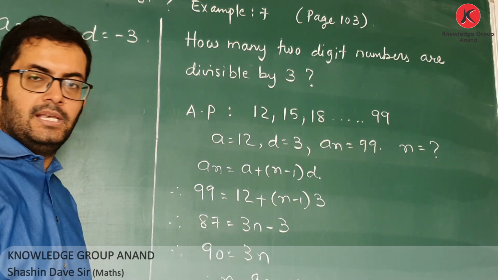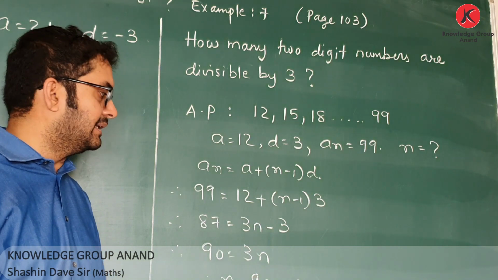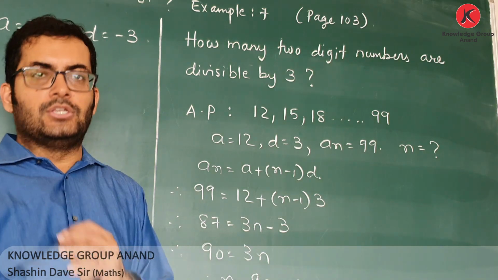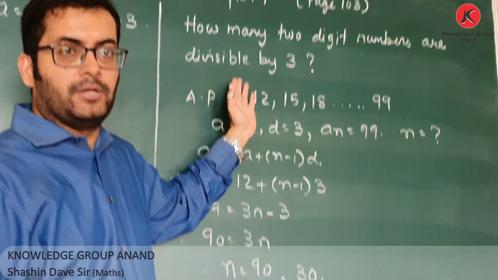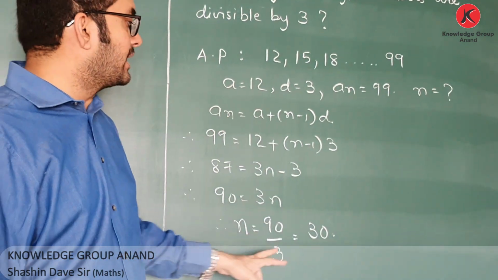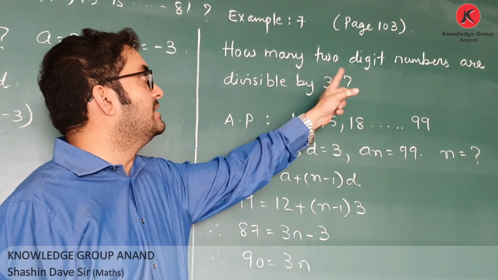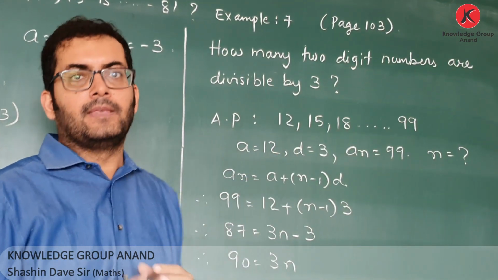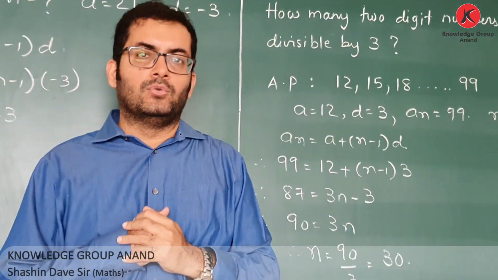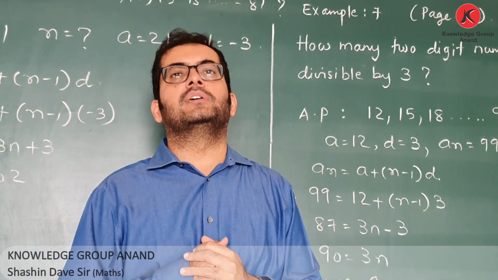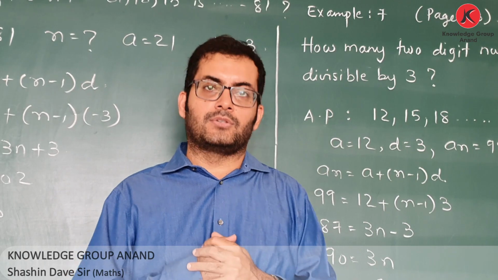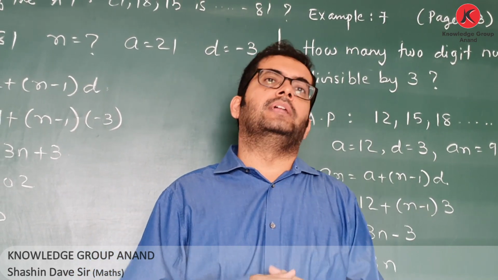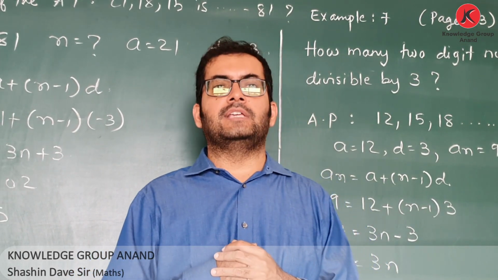That gives me n is equal to 90 upon 3, that is 30. So in short, the answer to this particular question is that there are a total of 30 two-digit numbers that are exactly divisible by 3. So I will send you certain more numericals which are based on the two examples that we just saw, and then in the next lecture we will start exercise 5.2.